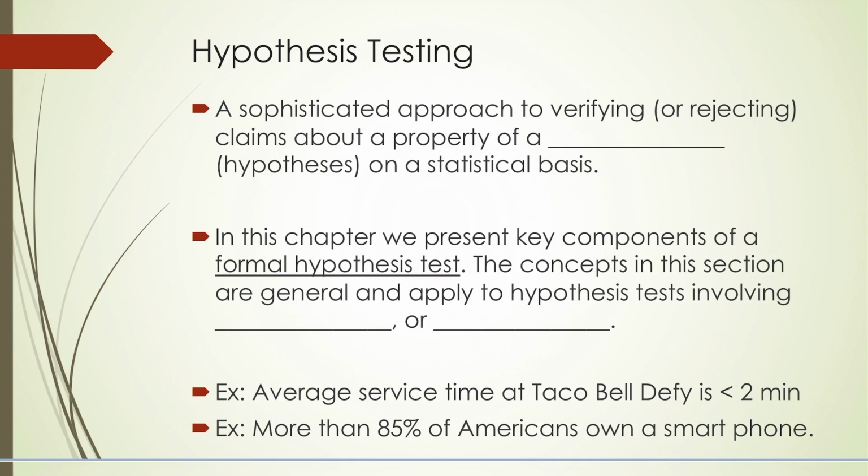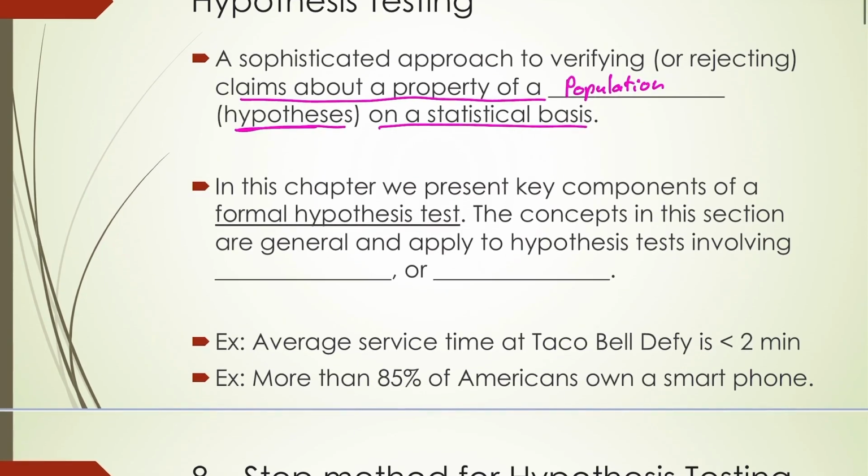What is hypothesis testing? It's a sophisticated approach to verifying or rejecting claims about a property of a population. The claim about that property is a hypothesis, and we're able to verify the validity of a claim on a statistical basis. In this chapter, we present key components of a formal hypothesis test.